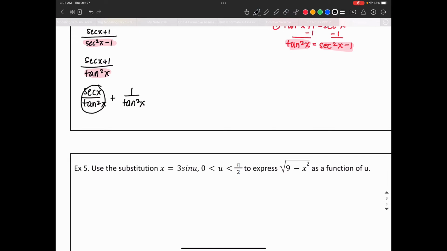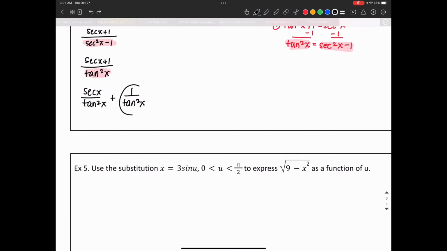This, I want to try to rewrite. Think about this. Cosine, sine, cosine. I just want to not have fractions.